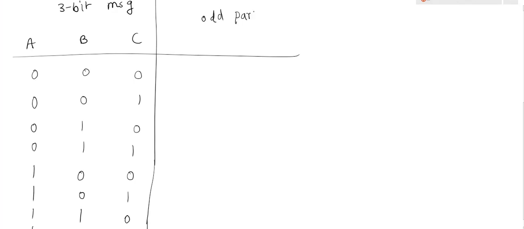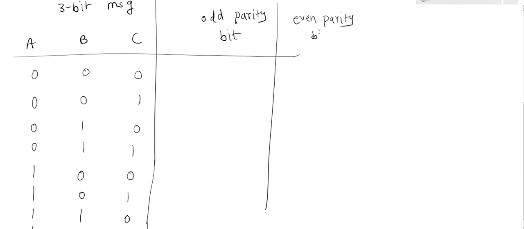That bit will be either an odd parity bit or an even parity bit. Now when the bit is added into the message to make the number of ones in the message odd, then the odd parity bit is generated. Clear?